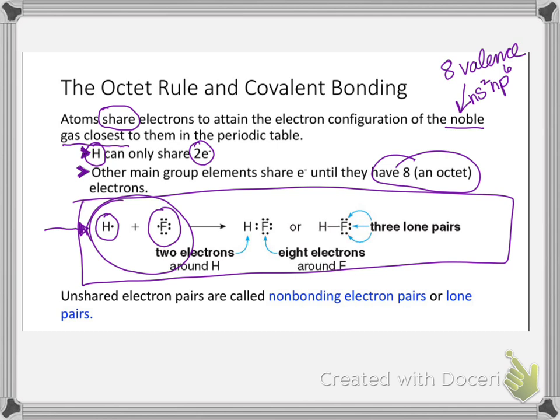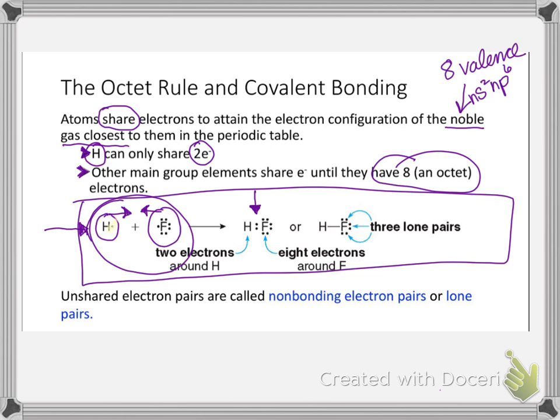So if they bond together to make an H and an F, imagine me just sliding these close to each other, and then I would get something that looks like this. Let me see if I can make it a little bit smaller. I'd like to highlight but not have it so gigantic.